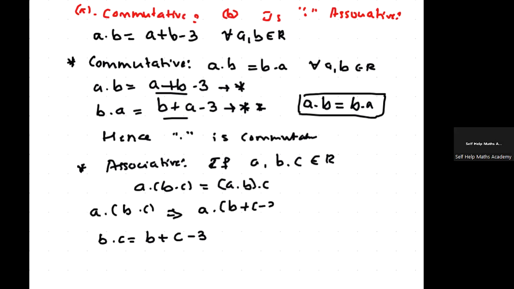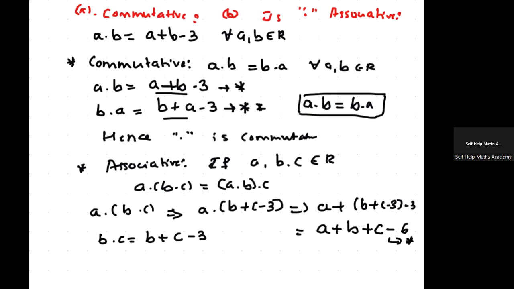Now this is your first element and this is your second element. So if you do the binary operation, it will give you the first element plus the second element minus 3. So this will give you a plus b plus c, and negative 3 will become negative 6. So let me take this as star.